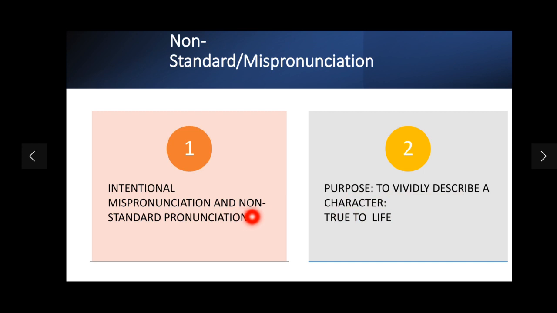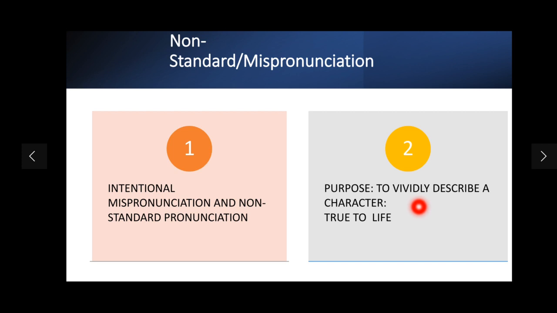Sometimes there may be mispronunciation, and the purpose is to vividly describe a character. Because in everyday life, we may not pronounce all the words and sentences accurately and with standard pronunciation.